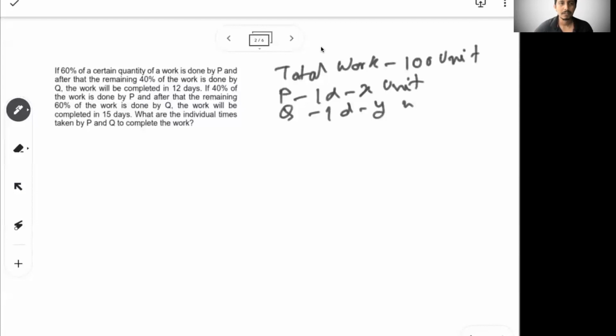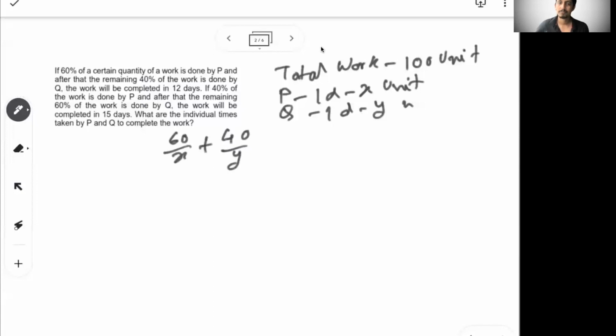So in the first case, 60% is done by P, so 60 units will be done by P. Since X units are done in one day, 60 units will take 60 by X days for P. The second part, 40%, will be done by Q, so 40 by Y days, because Y units are done in one day.